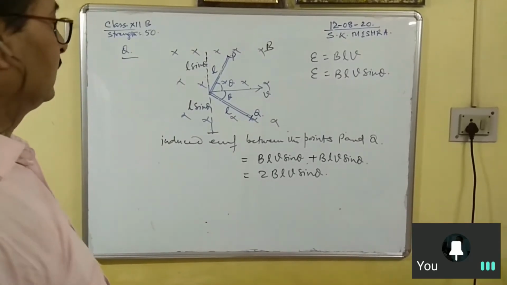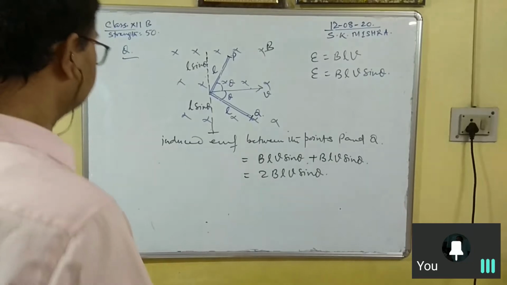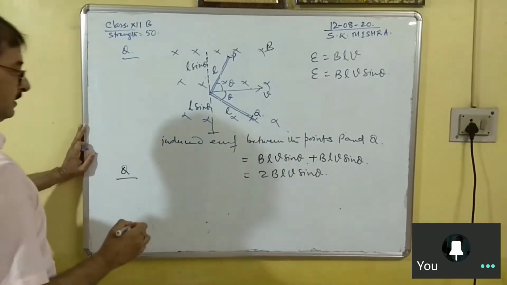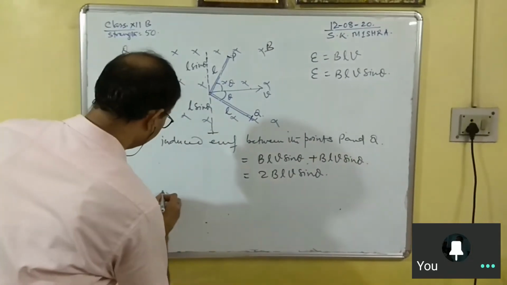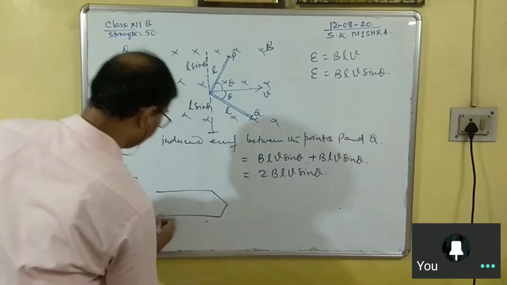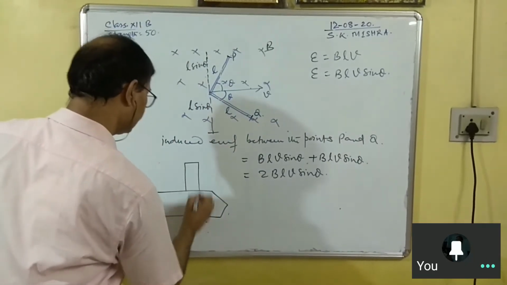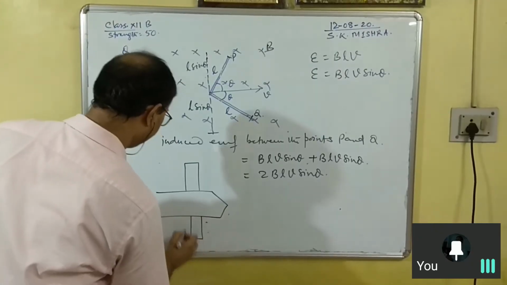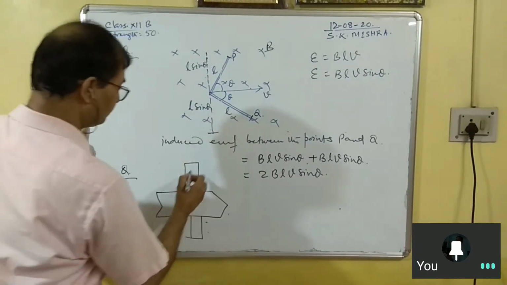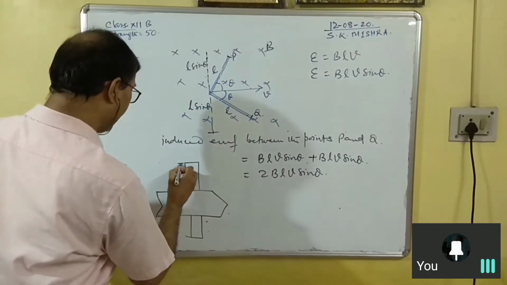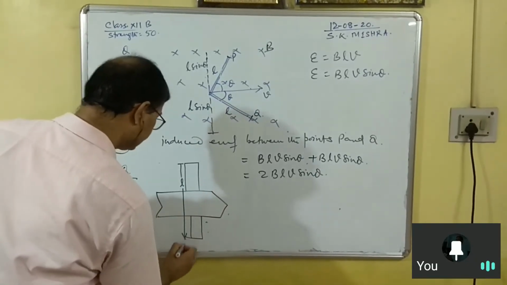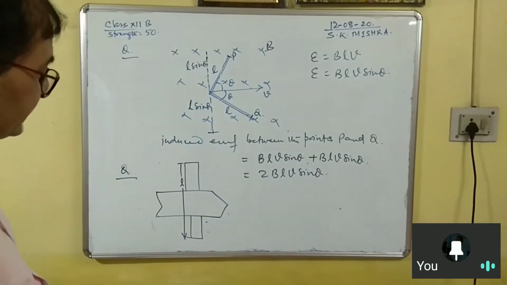Okay. Now moving towards another question. An aeroplane is moving with some velocity. These are the wings of the aeroplane. Anyhow, I can make it like this. The wing span is 25 meter long. That is the distance between the ends of the wings, both sides.